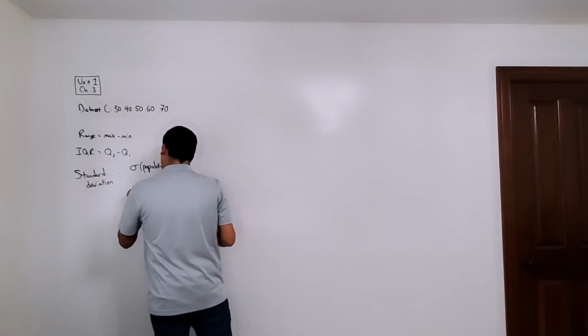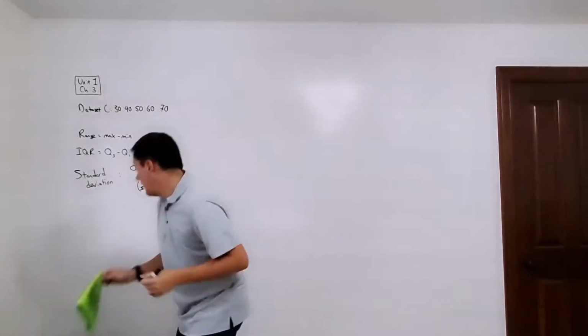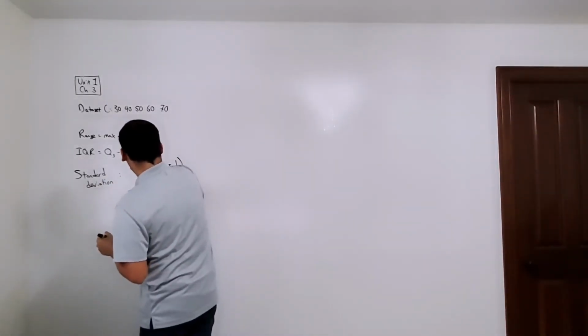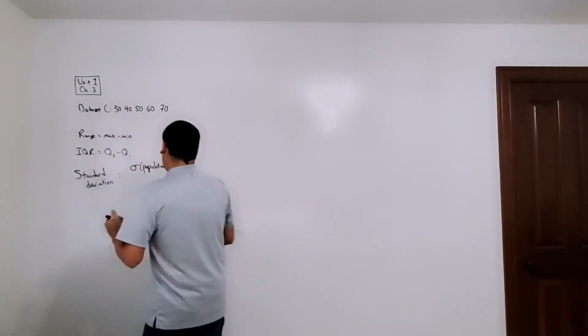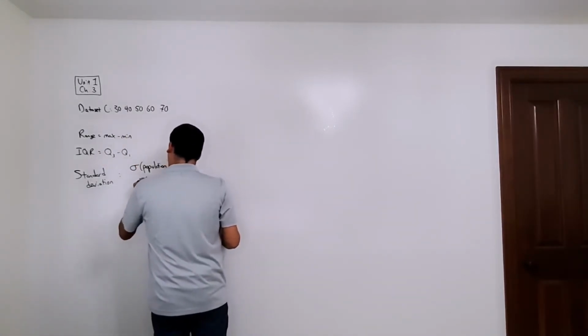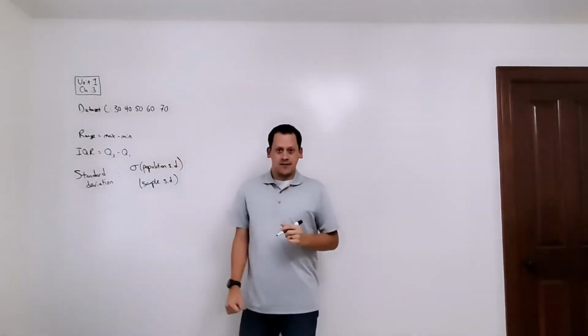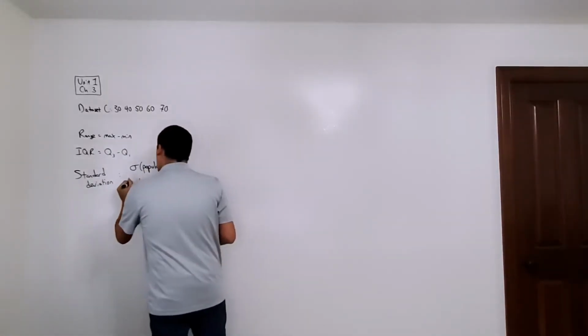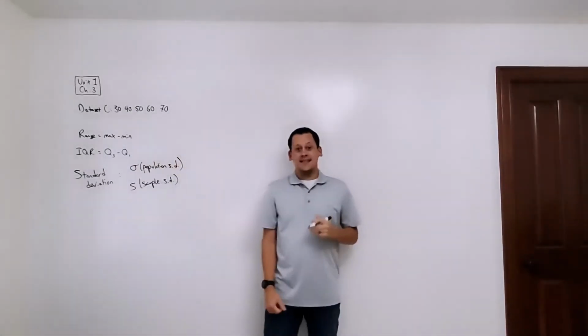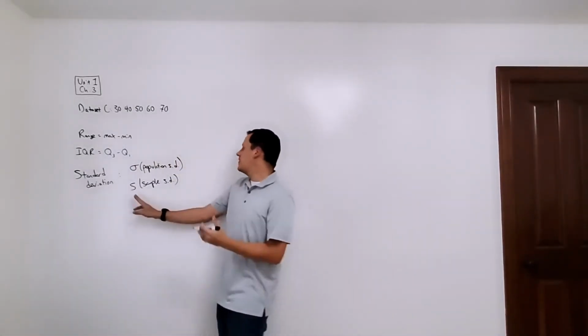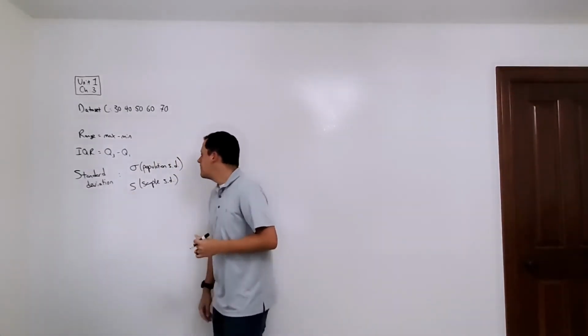For a, I forgot what the word sample was for a minute. Please forgive me. If we are referencing a sample standard deviation, we're going to use a lowercase s to denote the sample standard deviation.